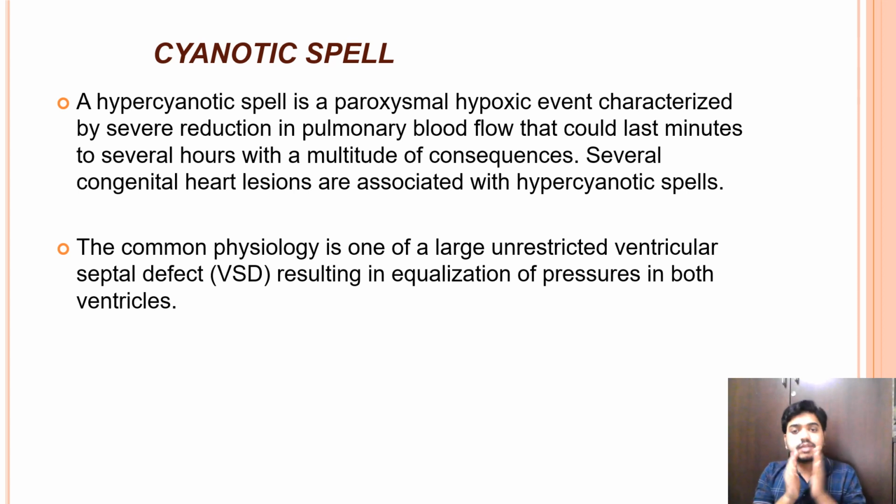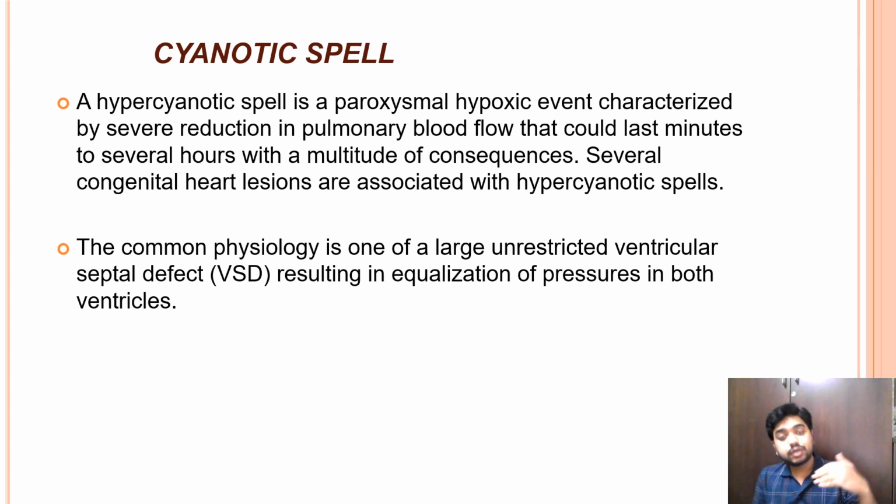So what happens because of the large VSD? There will be bidirectional flow, and the pressures in both ventricles become equal. Once the right ventricle pressure reaches almost that of the left ventricle, severe pulmonary hypertension or complete obstruction of flow may ensue, and blood may flow unidirectionally from right to left.